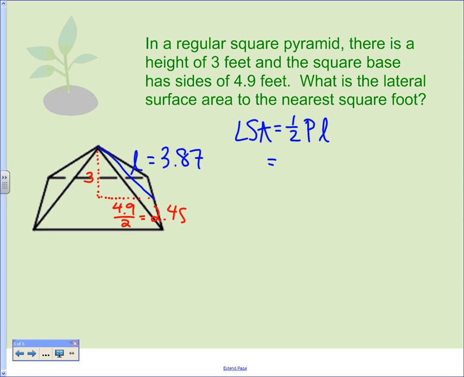What would be the perimeter for this? And then 3.87 is our L. Does that make sense? So it says round to the nearest square foot. So if you look at your answer, what would you write? 38 feet squared. Any questions here?